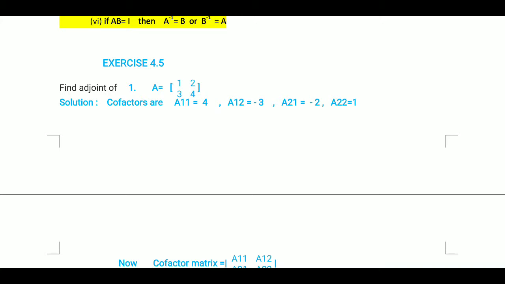So we get A21 is equal to -2. Similarly, A22, -1 power 2 plus 2, will give you +1. Multiply M22, leaving the second row and second column, we get the number 1. So the value is 1.